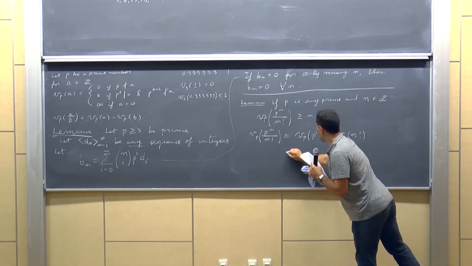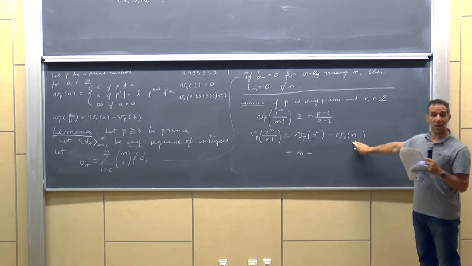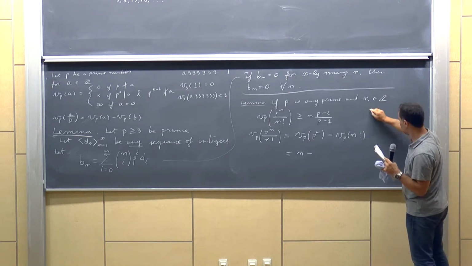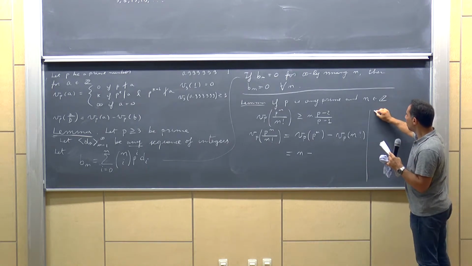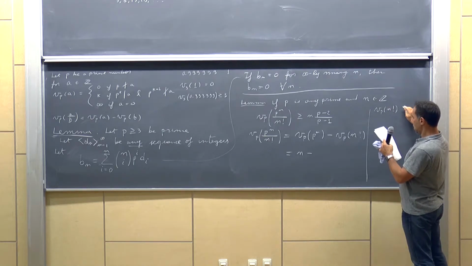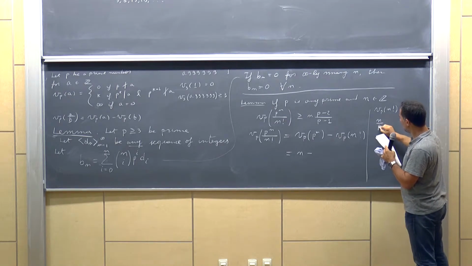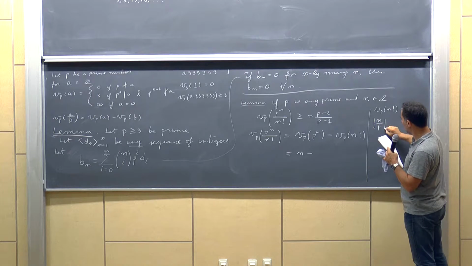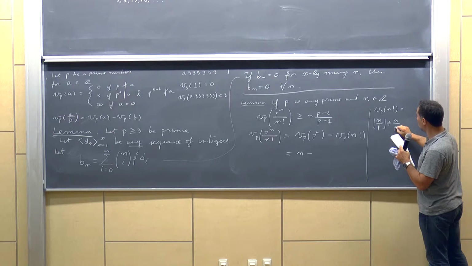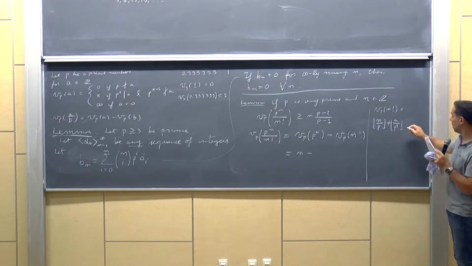which is going to be equal to n minus, and now I need to evaluate this thing. The p-adic valuation of n factorial is going to be equal to the floor of the number of times that p divides n, plus the floor of the number of times that p squared divides n, and so on, because those things can happen.